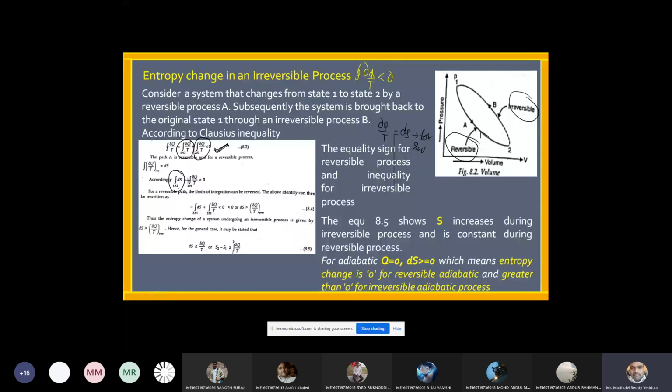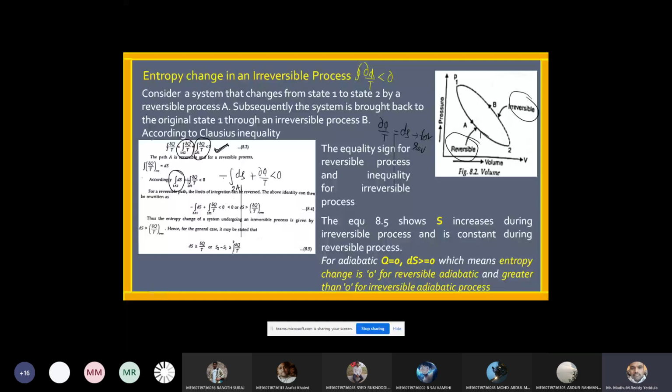So if I change the direction, that is 2A1, what I need to do? I need to put a minus symbol, minus ds from 2 to 1 via A, plus dou q by t less than 0. If I want to eliminate this minus sign, I need to multiply with minus.